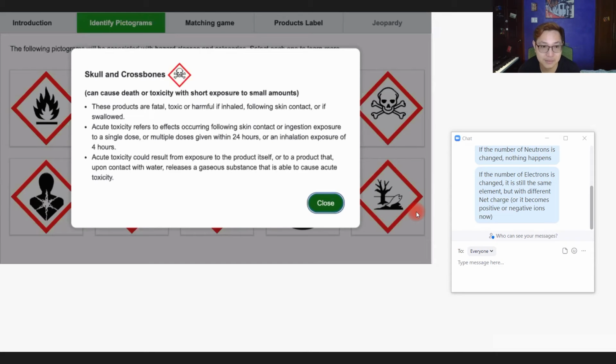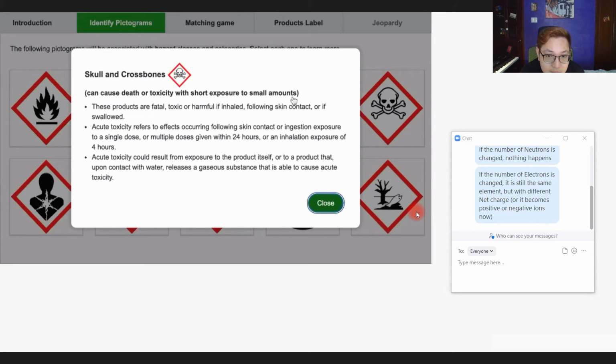Acute toxicity means that a very short time after exposure, your body becomes intoxicated.